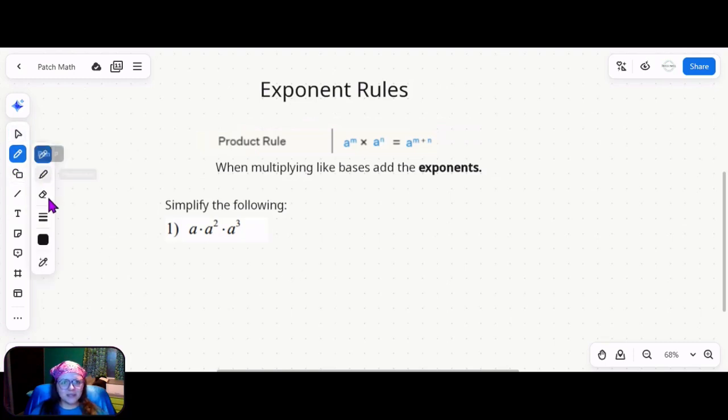All right, let's say we have the following problem. First, we're going to want to show on that a that doesn't look like it has an exponent. It does. There is an invisible exponent of 1 there, and it is important here.